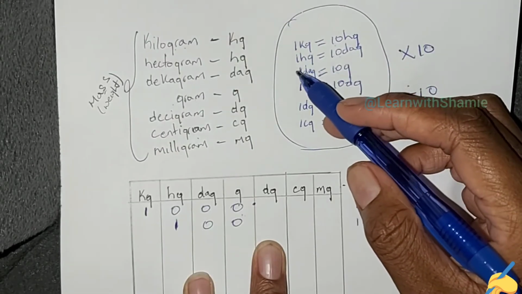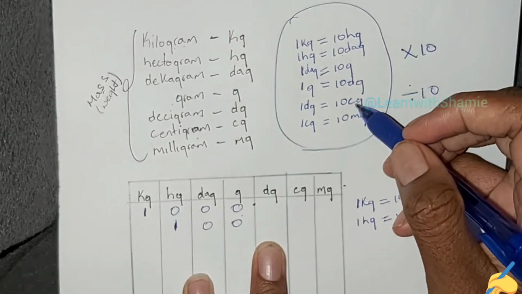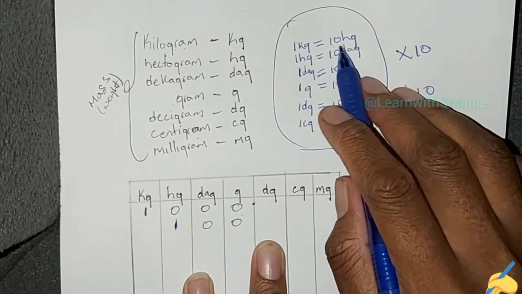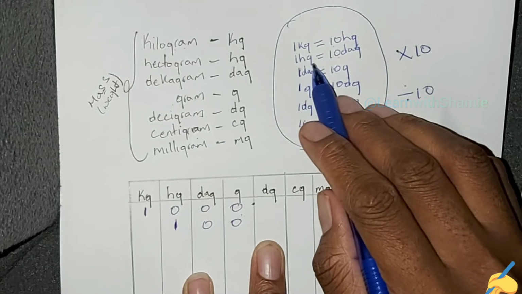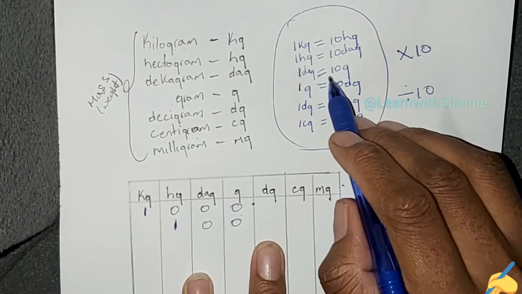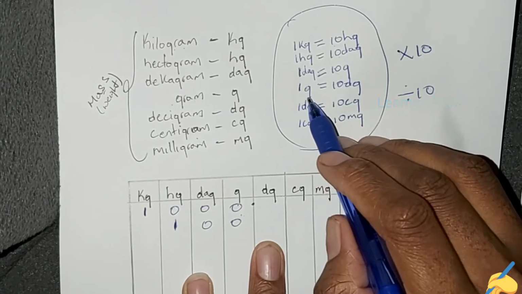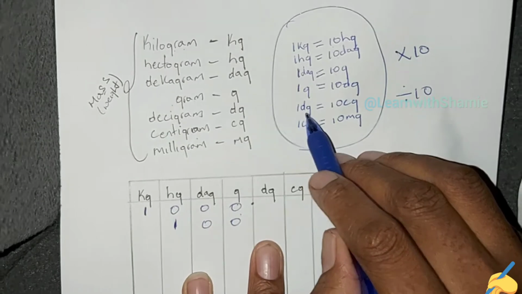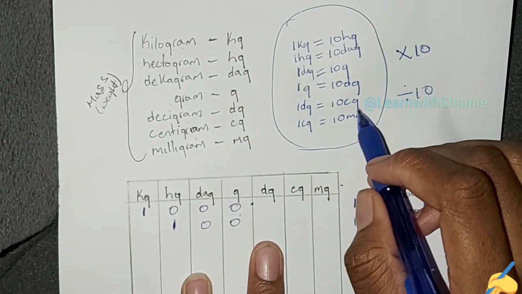Now this is how the units would be on the metric system chart. 1 kilogram would be equal to 10 hectogram. 1 hectogram would be equal to 10 decagram. 1 decagram would be equal to 10 gram. 1 gram would be equal to 10 decigrams. 1 decigram would be equal to 10 centigrams.